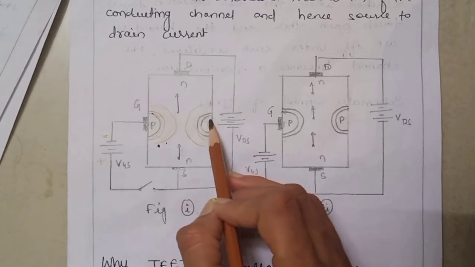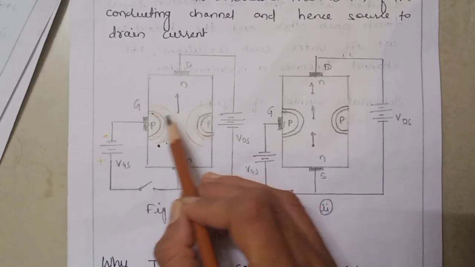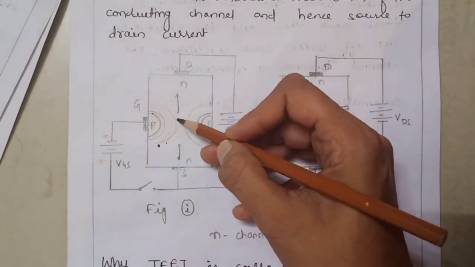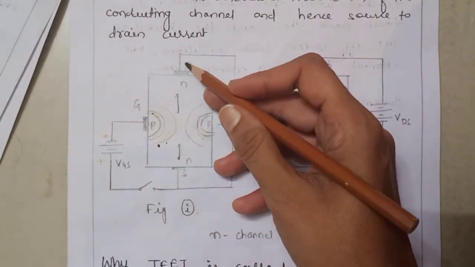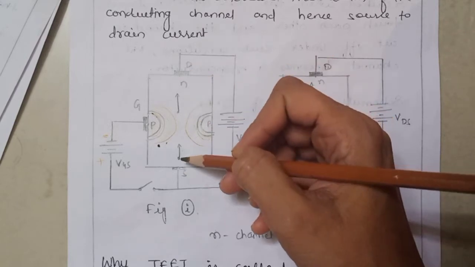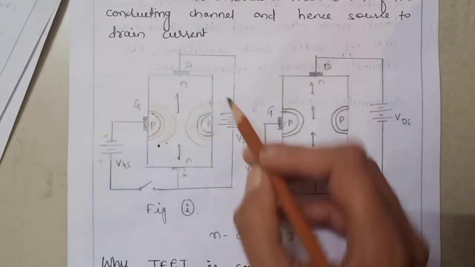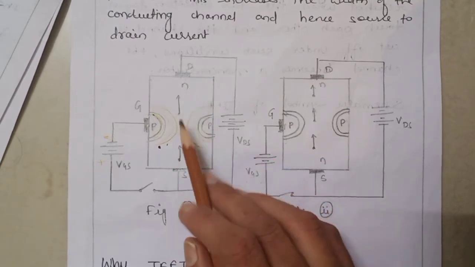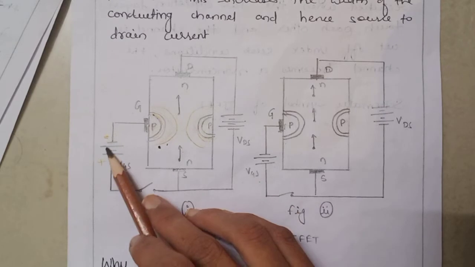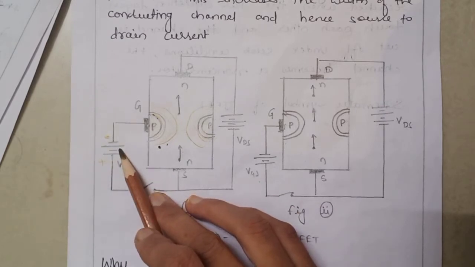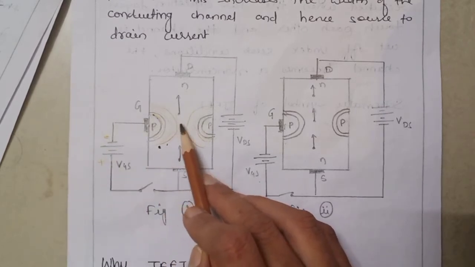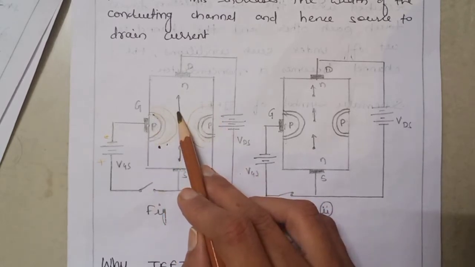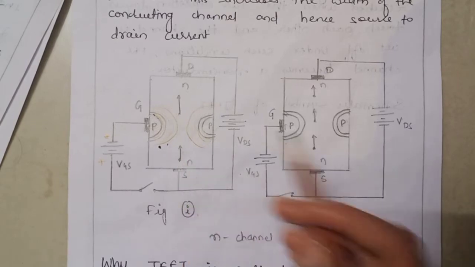The two PN junctions at the sides of the bar establish depletion layers and the electrons will flow from source to drain through the channel between the layers. The size of the layer determines the width of the channel and hence current conduction through the bar. So when we apply more and more reverse voltage, the depletion layer's width will increase, the width of the conducting channel will reduce and hence the drain current will reduce.